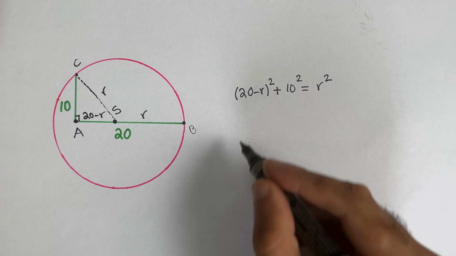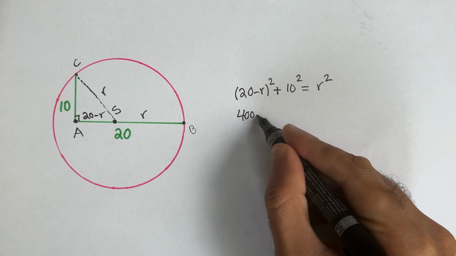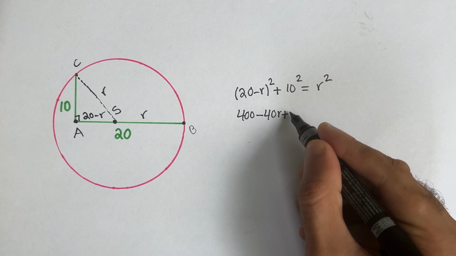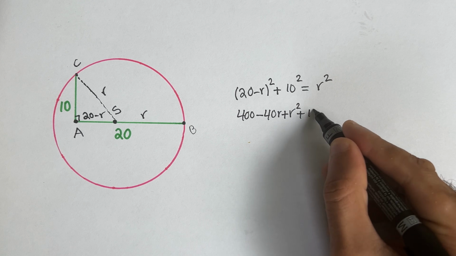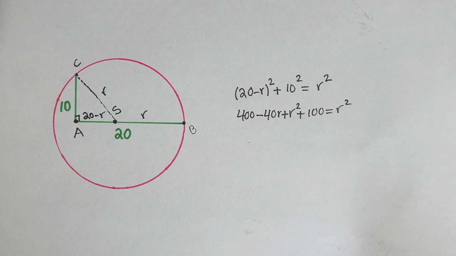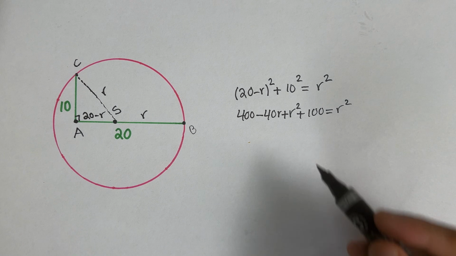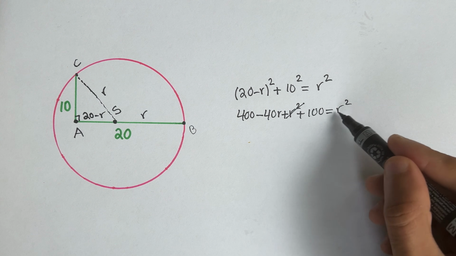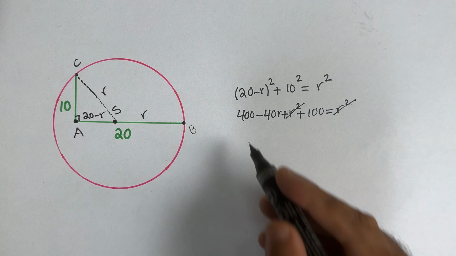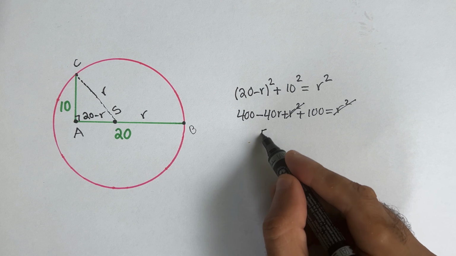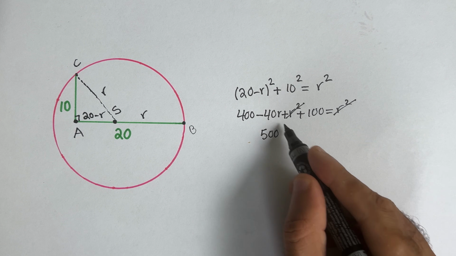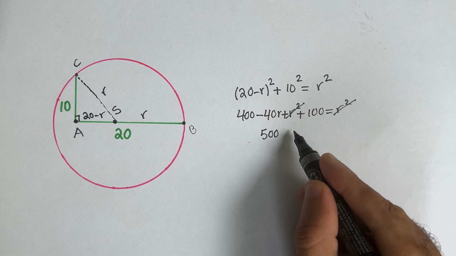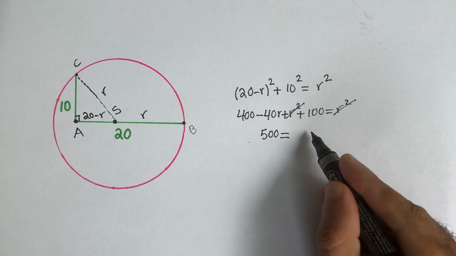So if we simplify this, we get 400 minus 40R plus R squared plus 100 equal to R squared. Some people think that we get two different solutions, but that's not the case because we can cancel R squared here on both sides. So we have now 400 plus 100, which is 500, and let's bring this minus 40R to the right side of the equation, and that becomes positive.